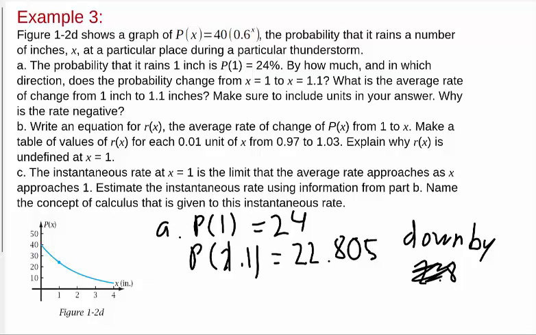Let's do the subtraction. I'm not right. So 24 minus 22.805, I should say. I'll get this right. 1.195 by 1.195%.